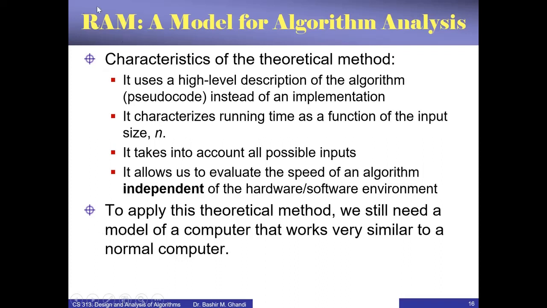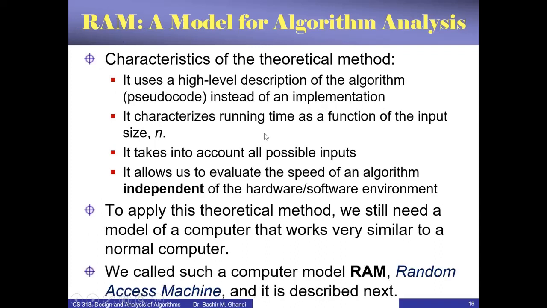And that is where the RAM comes in. So we call such a computer model RAM, meaning random access machine. And we're going to describe the nature of this fictional computer in the next slide.